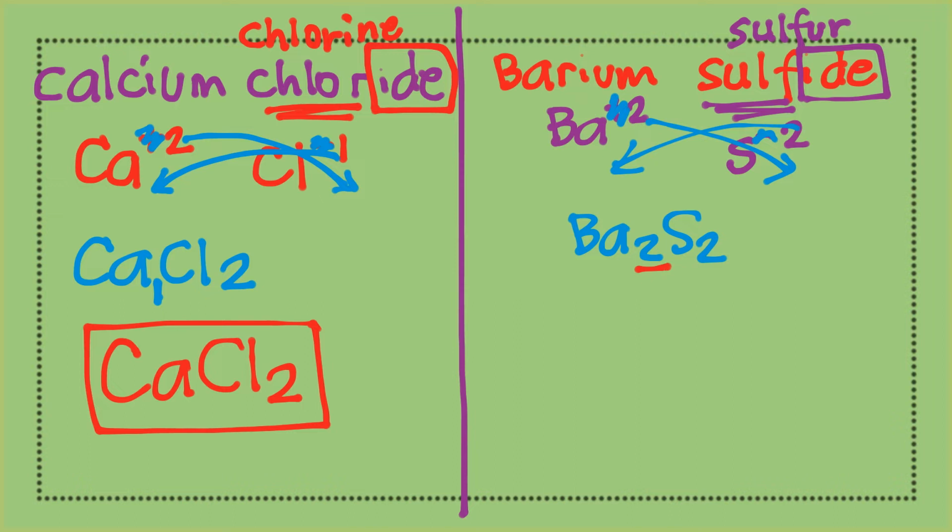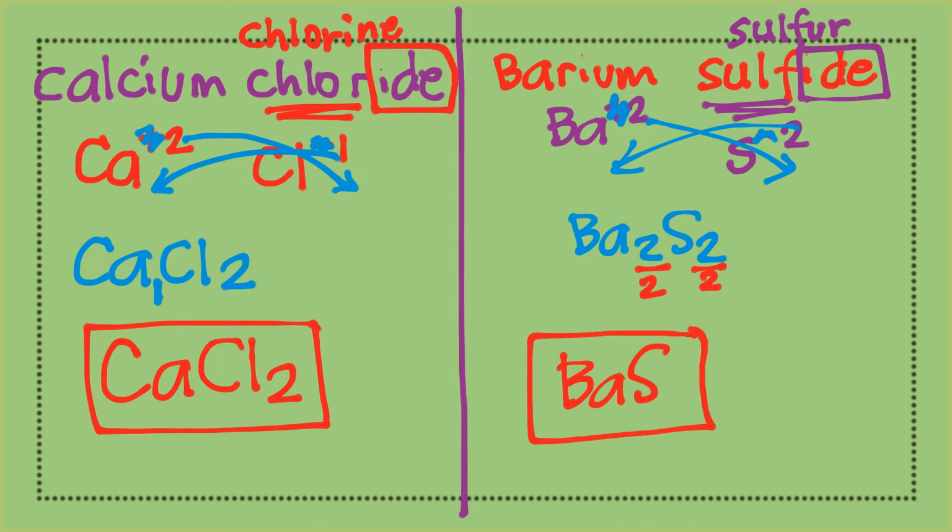The answer would be you divide them by 2. So the final answer would be Ba: 2 divided by 2 is a 1, but 1 is invisible. S: 2 divided by 2 is a 1, again it's invisible, so the final answer is BaS. All right? So that was the lesson from last time.